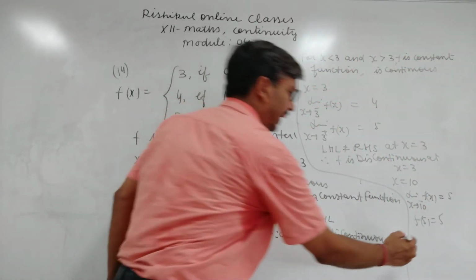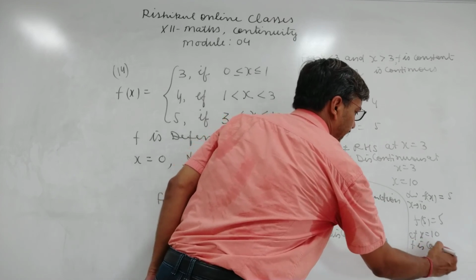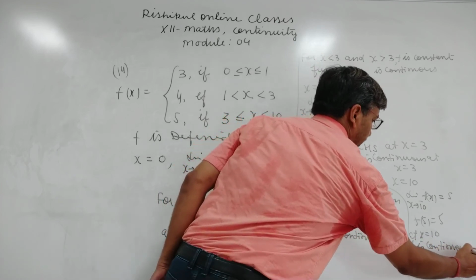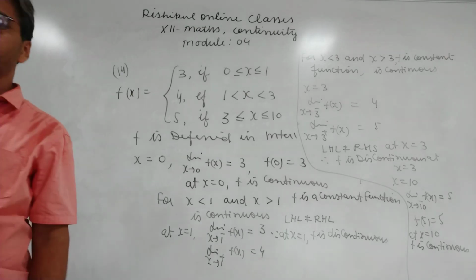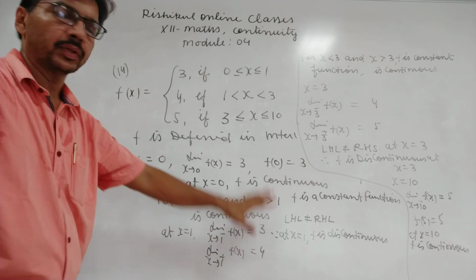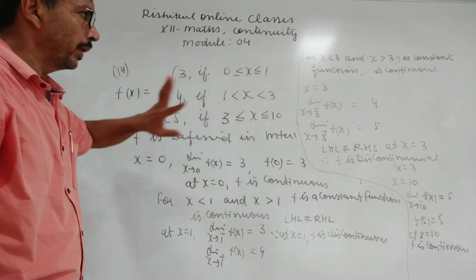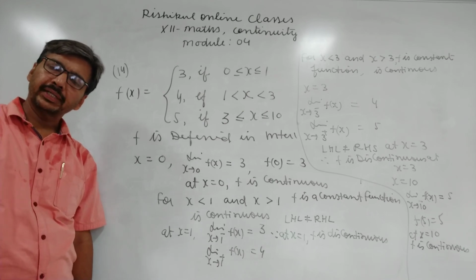Therefore at x equal to 10, f is continuous. So we have discussed all the points. Therefore for this function, there are 2 points at which the function is discontinuous. Okay, thank you.